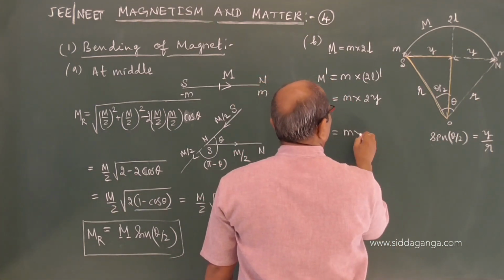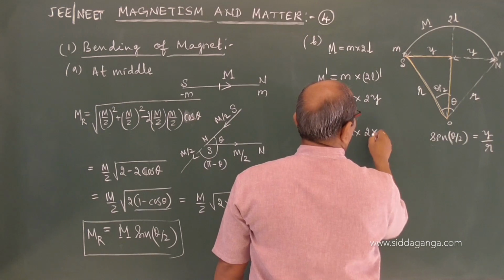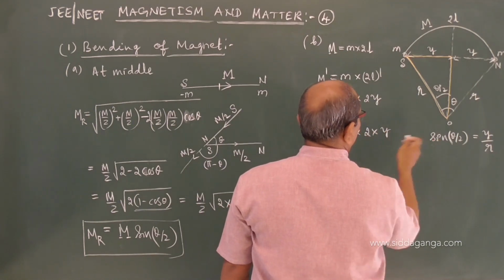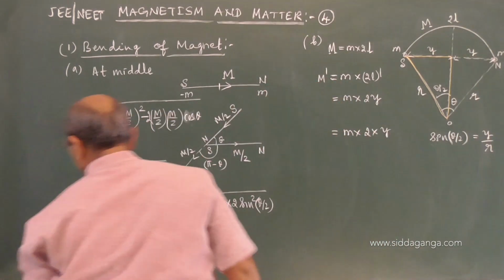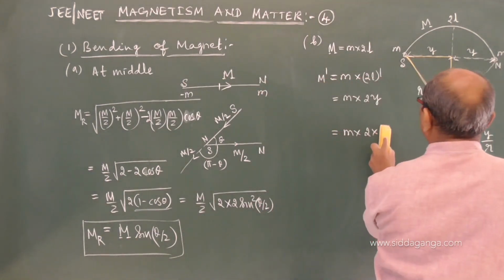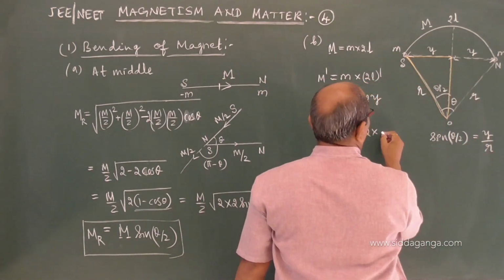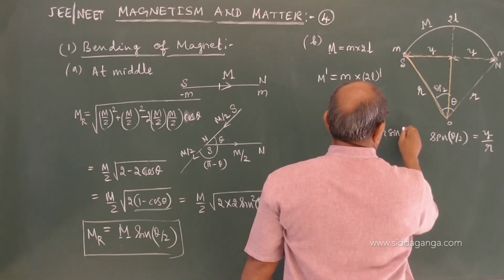I write here m into 2 into y equal to m into 2 r sin theta by 2.